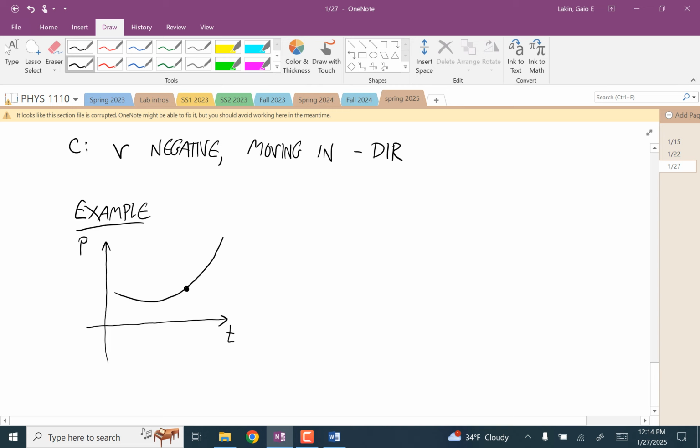This graph is in Math World, but let's say that this represents, in the real world, a motion along an incline like this, where we've already chosen that positive is this way and negative is this way.